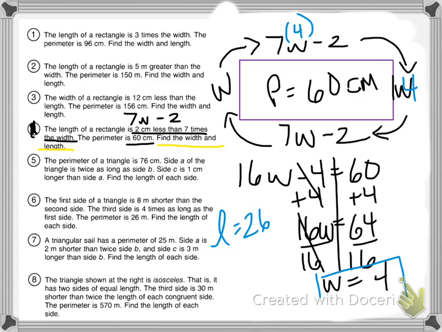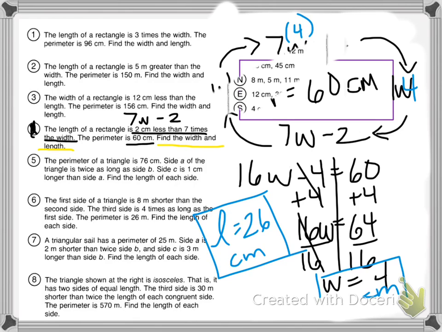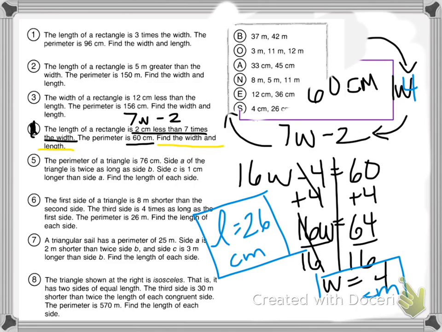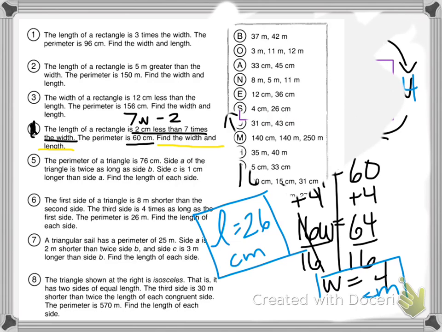Now don't forget your labels: centimeters here as well. Now the fun part will be to see if we got that right. You're going to see the answer choices coming to you: 4 and 26. That's what I'm looking for.